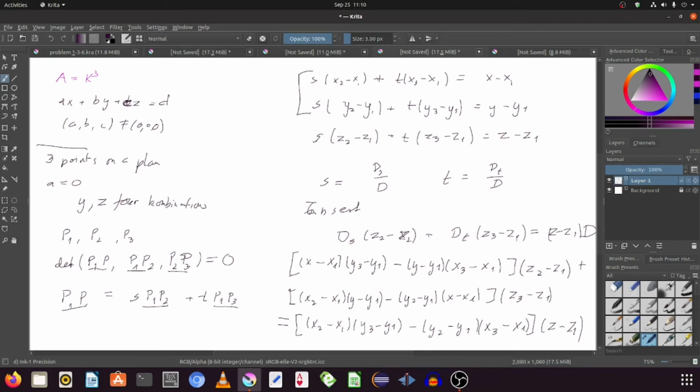So the hope is that this will actually turn out to be trivially true. So x minus x1 we have here, y and z, x minus x1, that's the wrong one, and x minus x1 we have nowhere else.